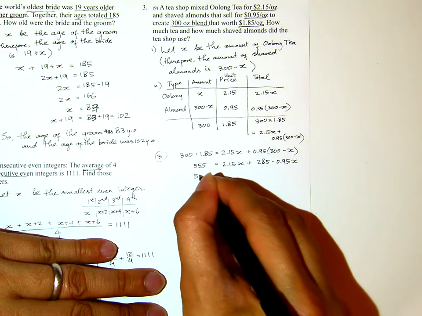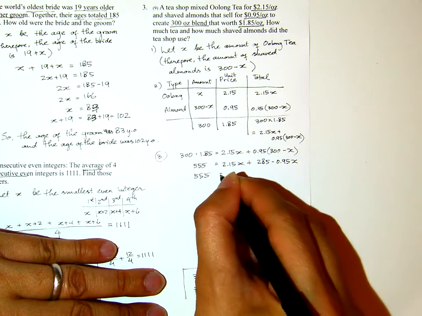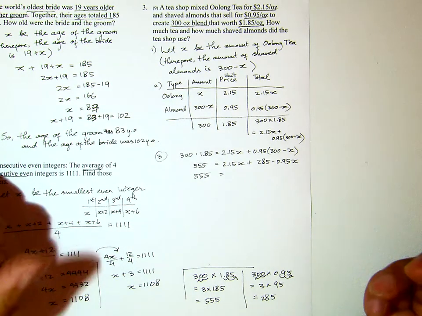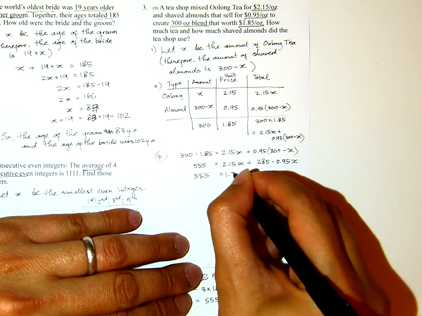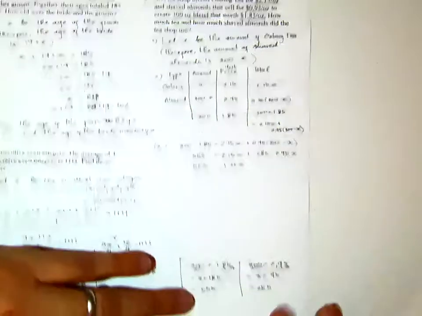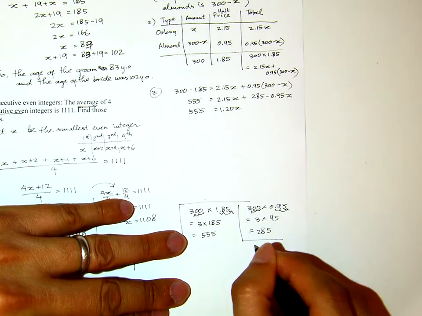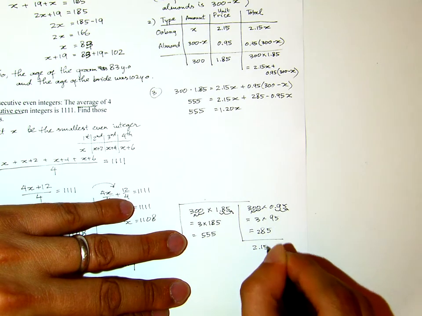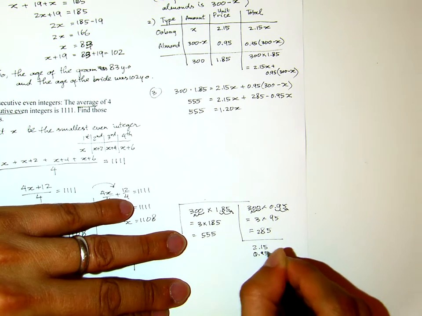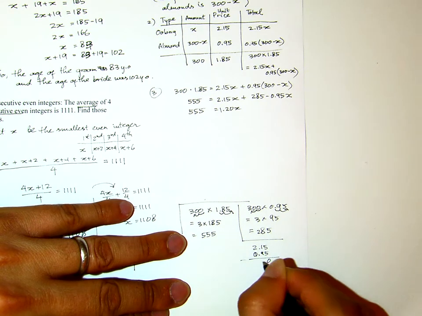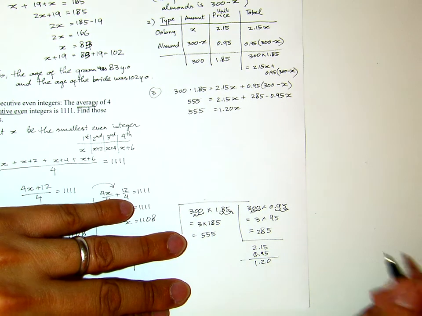This is 555 equals 1.20x. Let's do it aside. 2.15 minus 0.95, this is 0, this is 2, this is 1, right?